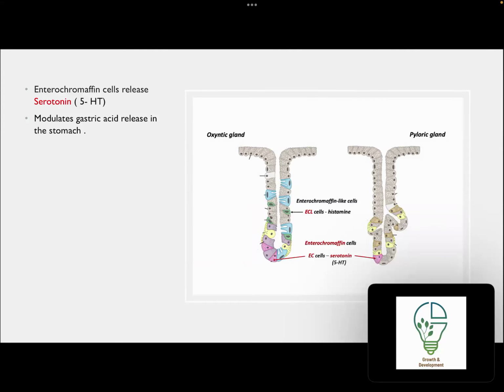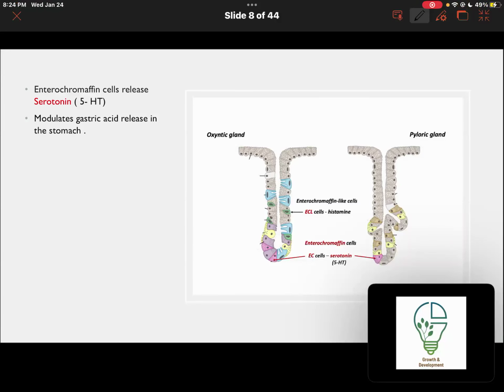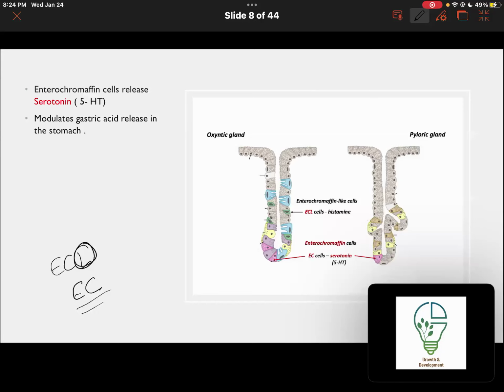Okay, now we have enterochromaffin cells. Remember how we said we have ECL, enterochromaffin-like cells, but these are enterochromaffin cells, so they're not the same. Please do not confuse them because they have similar names, but the "like" is very important, because ECL releases histamine, as you see, while the EC, or enterochromaffin cells, release serotonin.